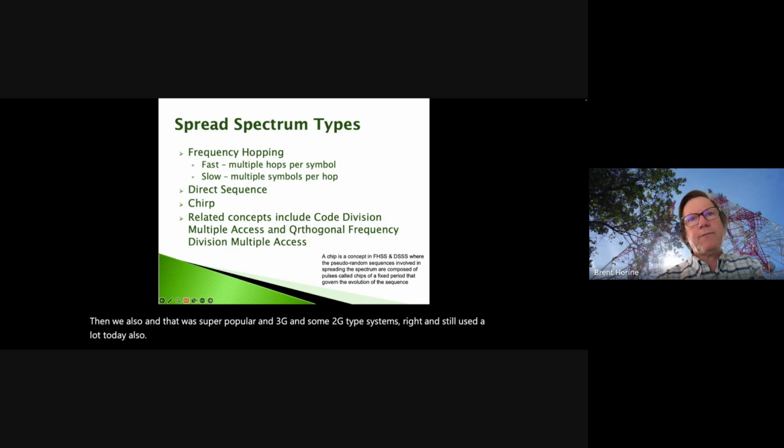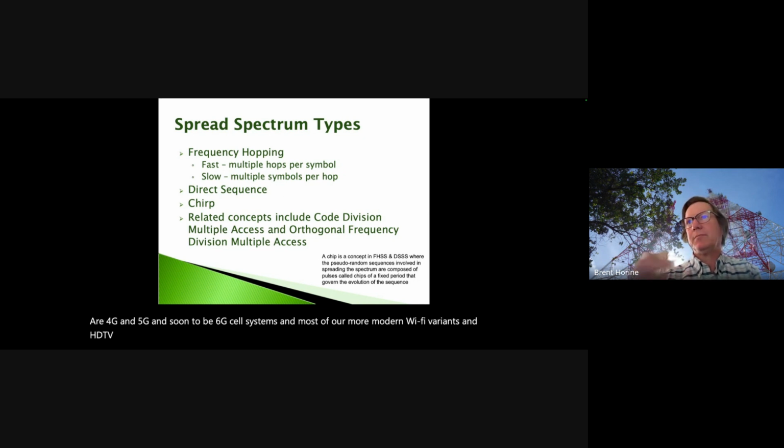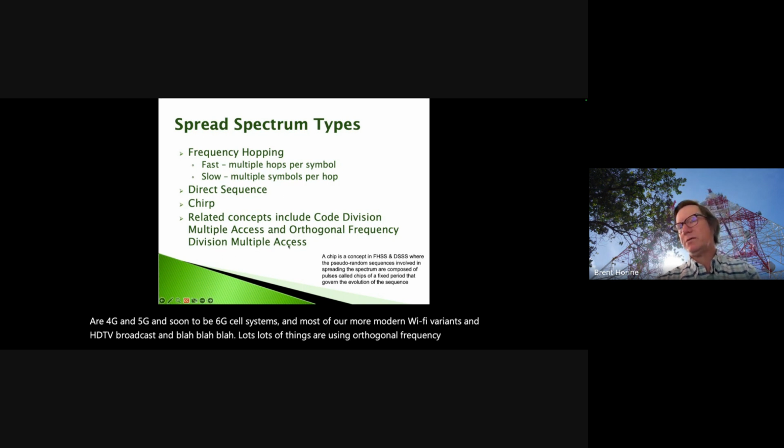Our 4G and 5G and soon to be 6G cell systems, and most of our more modern Wi-Fi variants, and HDTV broadcast, and so on, lots of things are using orthogonal frequency division multiple access, and we'll look at this in one of our later lectures.